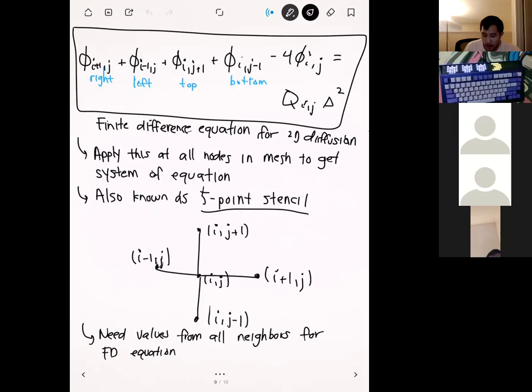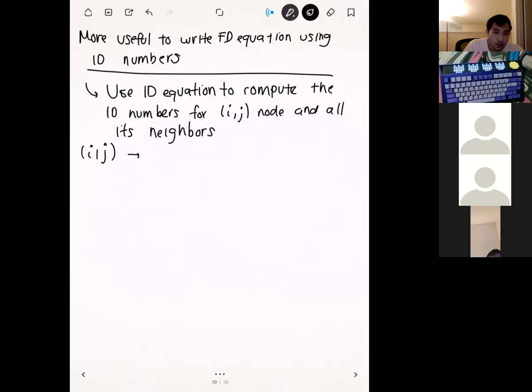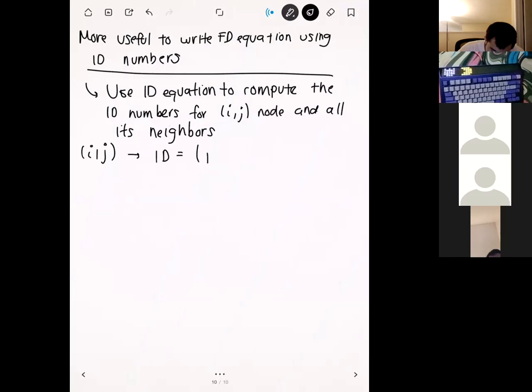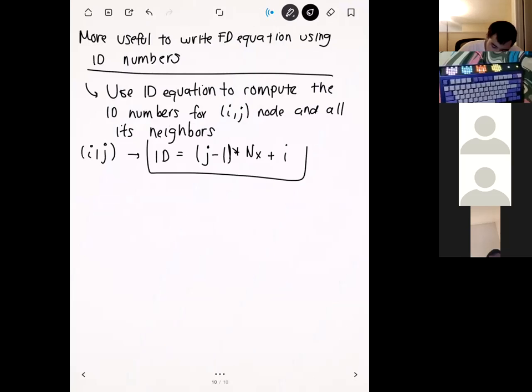We basically want to write ID numbers for all of these. Let's start with the ij node. Since we know i and j, we can simply use the equation, so ID is simply going to be j minus 1 times nx plus i. Fairly simple.